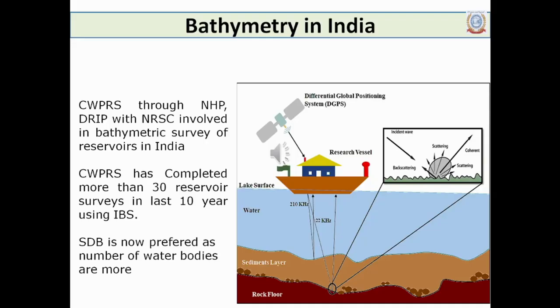Just to give a brief introduction about what we learned in session 1, I have kept this slide showing the bathymetry survey methodology, where you have your vessel transmitting multiple frequencies. In this case I have shown a dual frequency echo sounding method, where the first frequency gives the surface and the second frequency picks up the bottom.